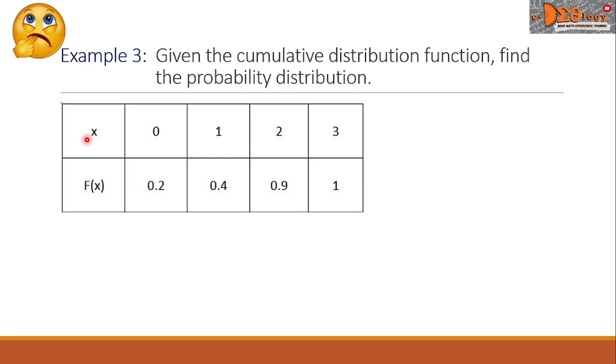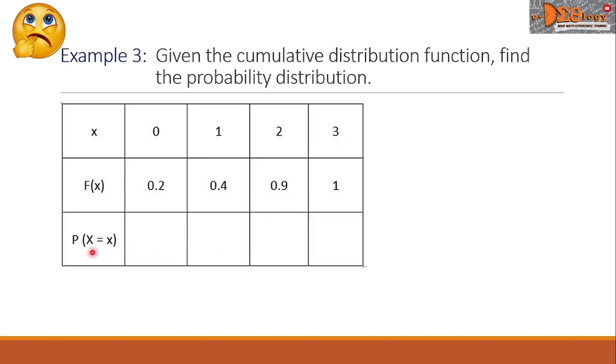For the variable x, the values are 0, 1, 2, and 3 respectively. For the F of x, it is 0.2 when x equals 0. The value is 0.4 when x equals 1. The value is 0.9 when x equals 2. And the value of 1 when x equals 3.